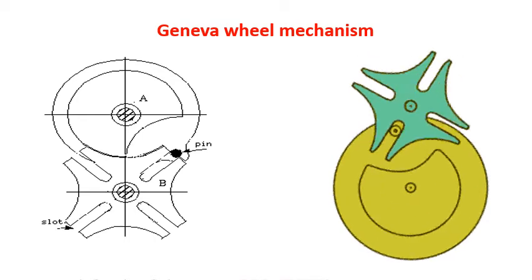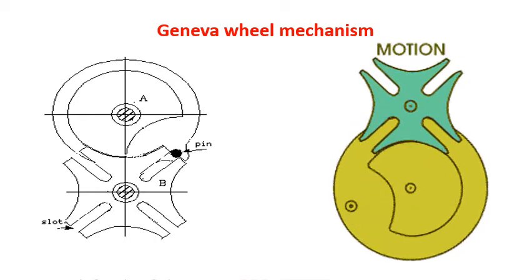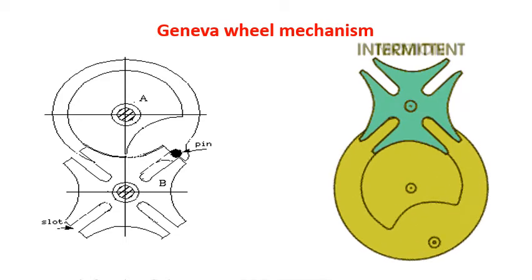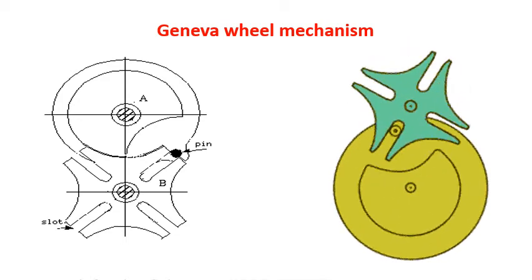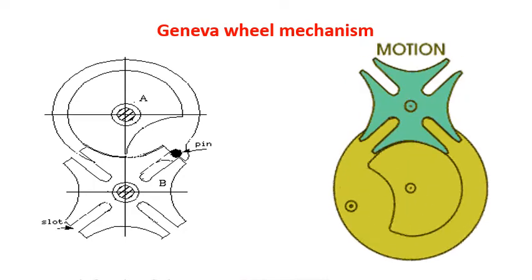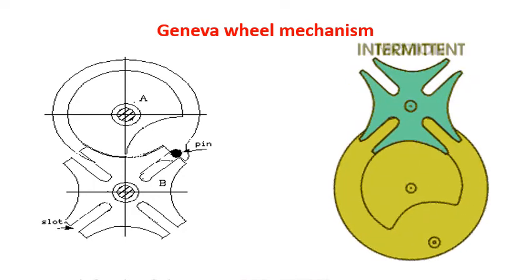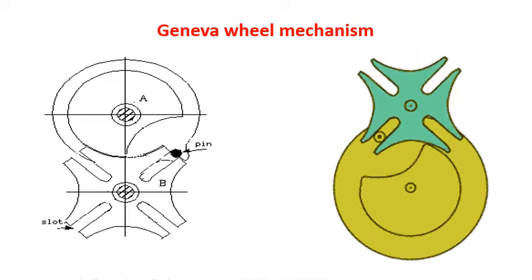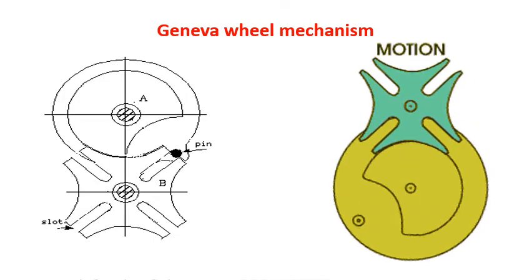This Geneva wheel mechanism is a cam-like mechanism which provides intermittent rotary motion. It is usually used for indexing of a work table in both low and high speed machinery.